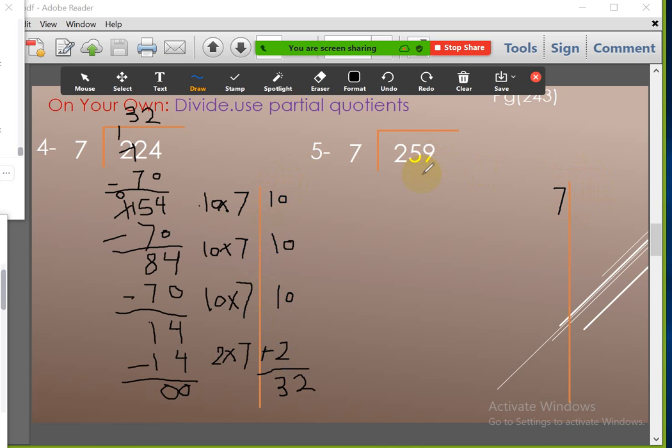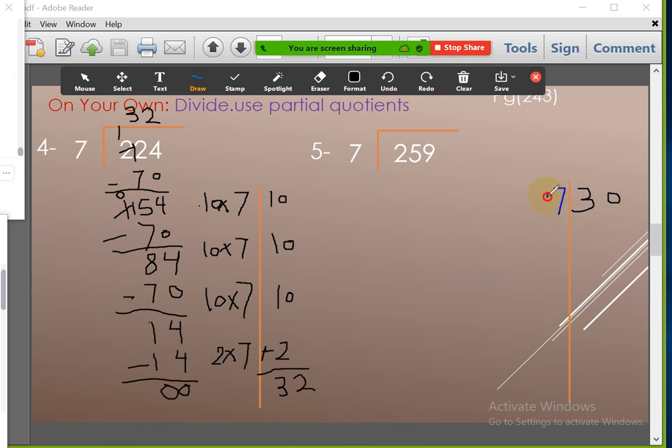So multiply it with the divisor and subtract the answer from the dividend. Not 100, because 7 multiply 100 equals 700. Can I subtract 700 from 259? No, I can't. So you can choose any number you want, but the answer for the multiplication must be less than the dividend. This is very important. As an example, let's choose 30.